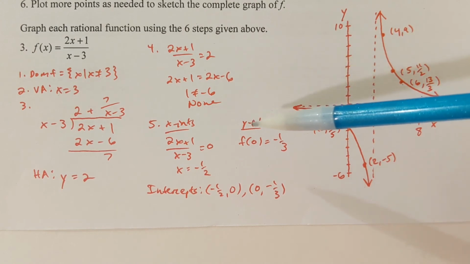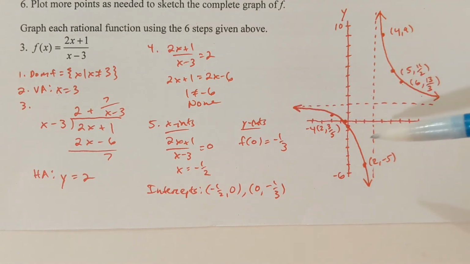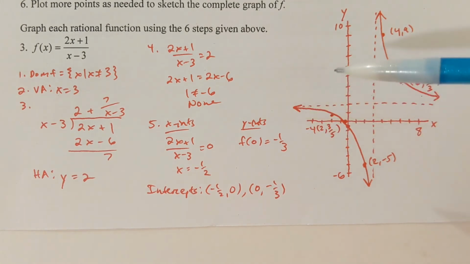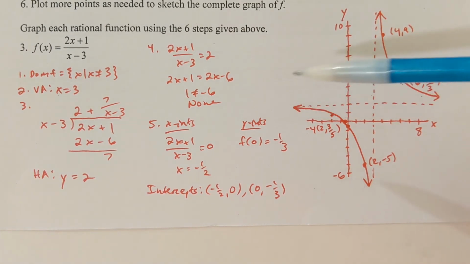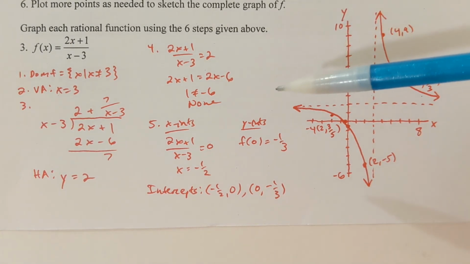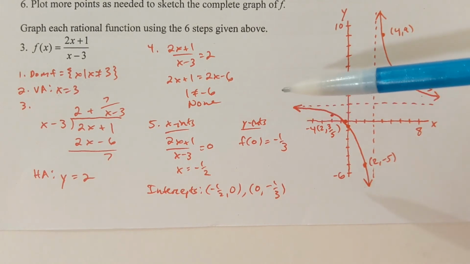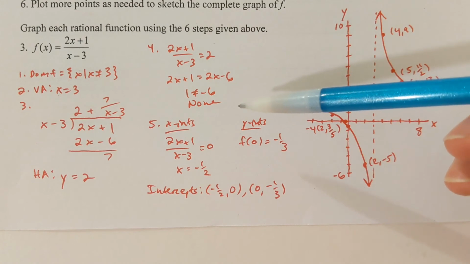That's a false statement, so there's none. At no point do we cross the asymptote. Maybe I should be more clear here: we do still have asymptotes, but the graph will never cross the asymptote.